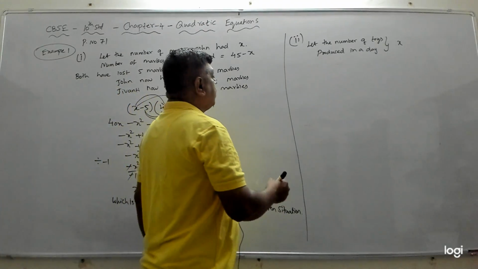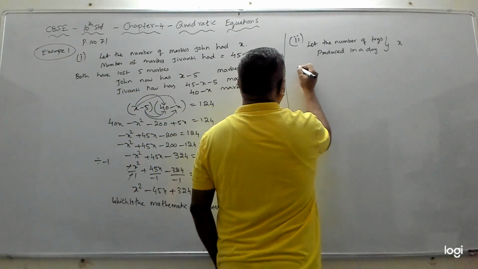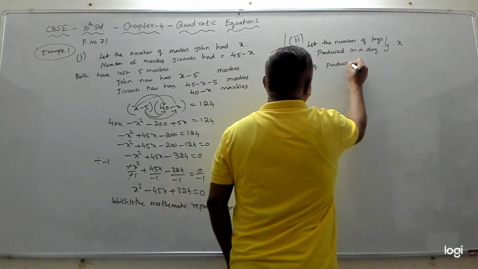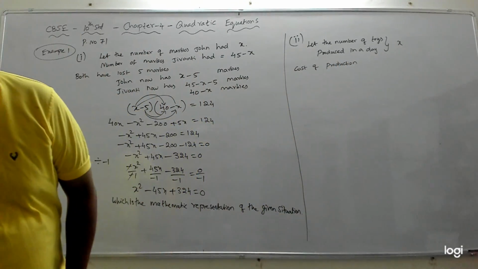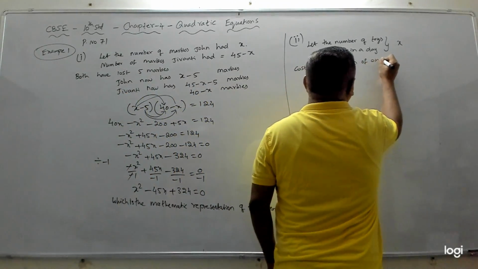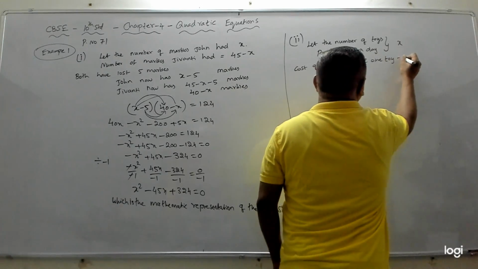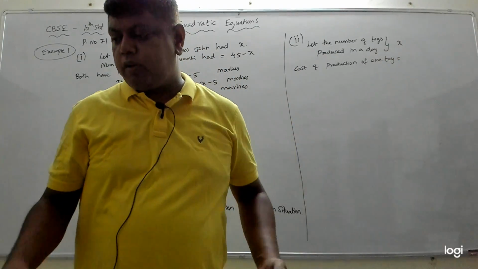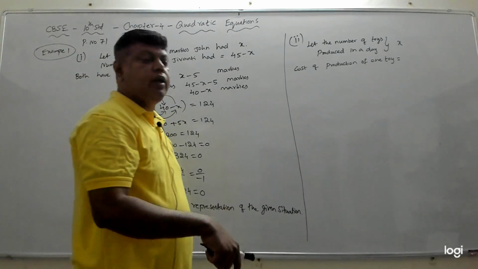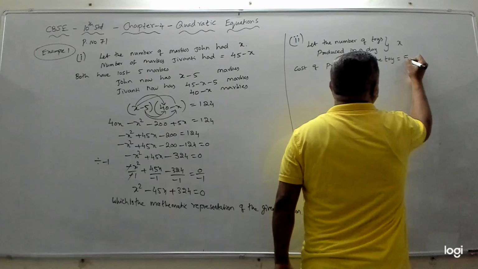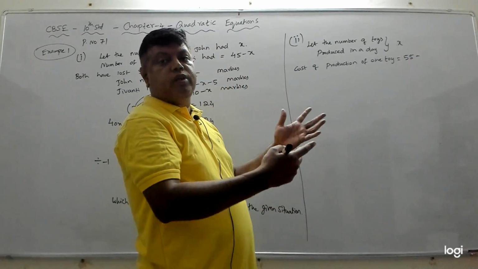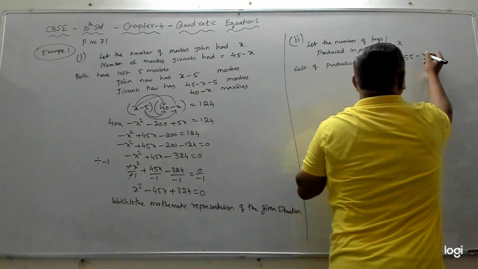Now what they have said is the cost of production of one toy. The cost of production of one toy was found to be 55 minus the number of toys produced in a day. How many toys were produced in a day? x number of toys. So it is 55 minus x.